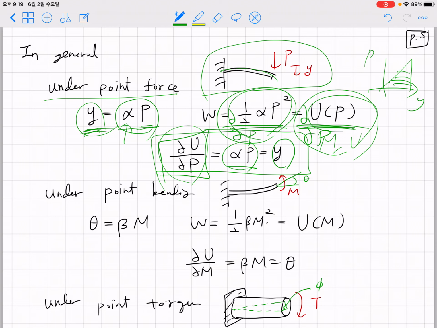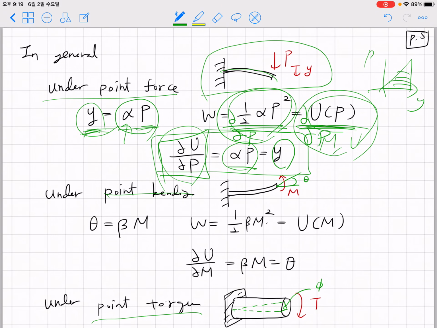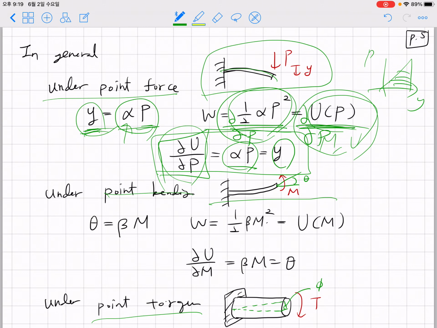And actually we can do the same thing for the point bending and point torque problems. So for the point bending problem, we already know that theta and M are linearly proportional to each other, and suppose that beta is unknown, so W can be written as half beta M squared, from the triangle, and it should be the same as the strain energy stored in the entire beam.